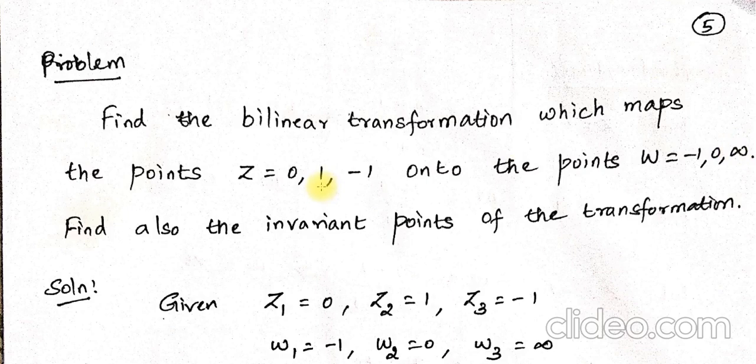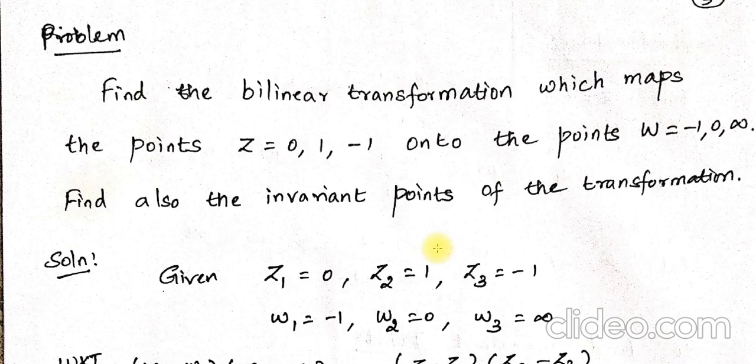Only two patterns: one is only finite points involved, and the other is both finite and infinite. Infinity will be one of the points here, right? After finding the bilinear transformation, using that transformation, I am going to find the invariant points. Invariant points are fixed points, whatever they may ask.